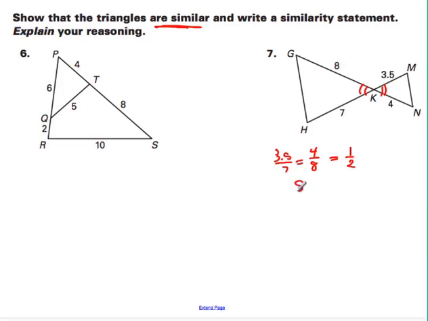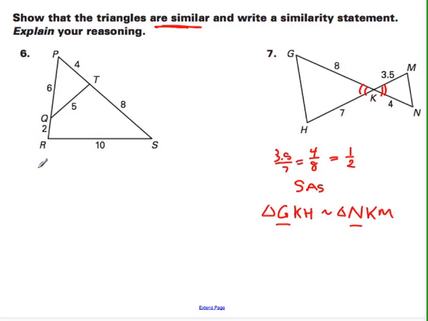So by SAS, side-angle-side, I can say that these two triangles are similar. So I'll say triangle GKH is similar to, I'm not going to say G and M, I'm going to say NKM. Again, G and N are both the sides that have this same ratio, this 4 and this 8, so I have to start with these two letters.